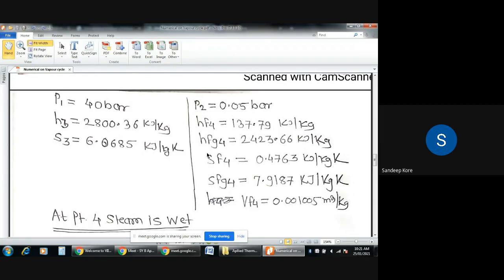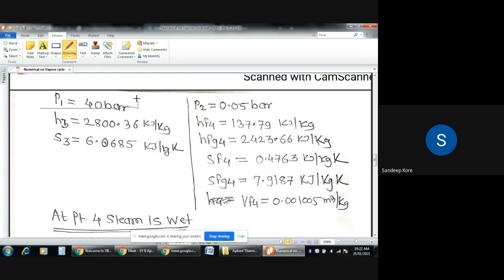You may refer to the steam table, or if it is an online examination, the data from the steam table is given to you. First, we'll go to the boiler pressure. At boiler pressure P1, we'll note the enthalpy of the dry saturated steam. So directly Hg we are going to record.